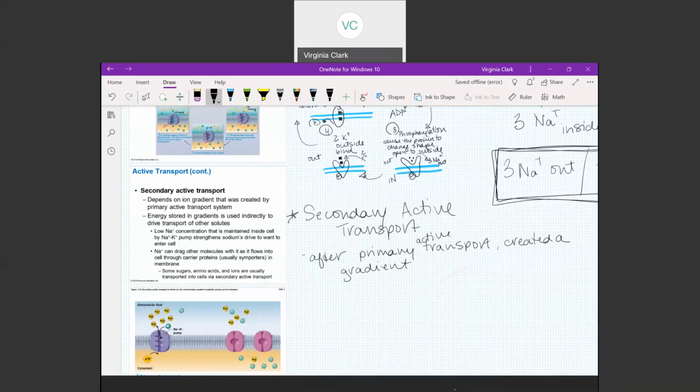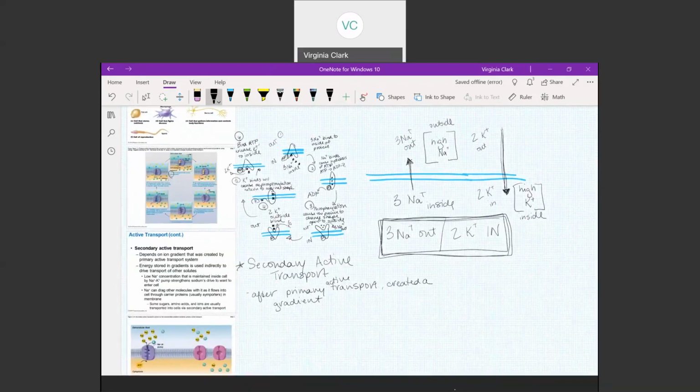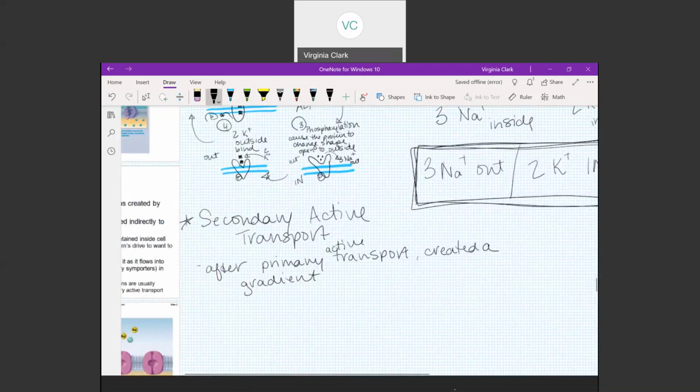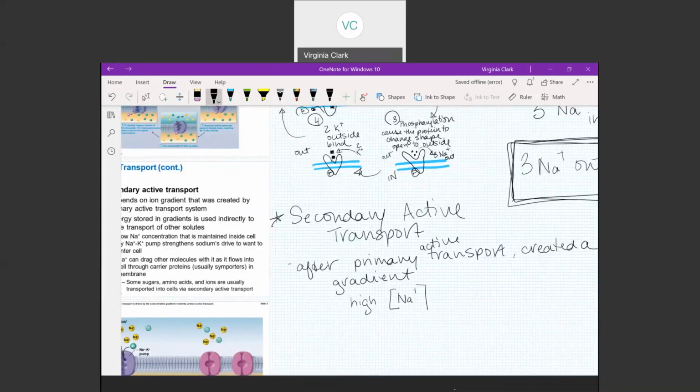Here is my gradient: high sodium out, high potassium in. So at the end of the day, I have created a gradient. I'm going to have high sodium outside my cell, and I am going to have high potassium inside my cell. So after the sodium-potassium pump, you've created this gradient of high sodium out and high potassium in.